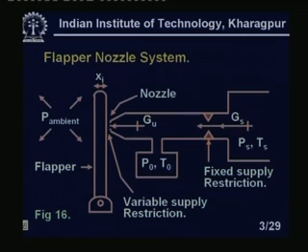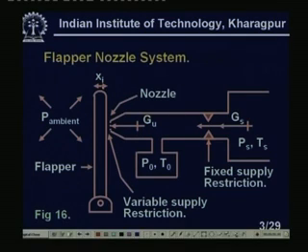Now, let us look at the flapper nozzle system. We have a flapper, which is usually very thin even though we have shown it thick, and there is a nozzle. The nozzle diameter is also very, very small, right.